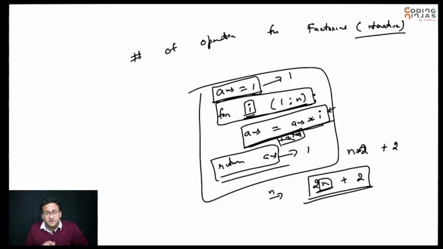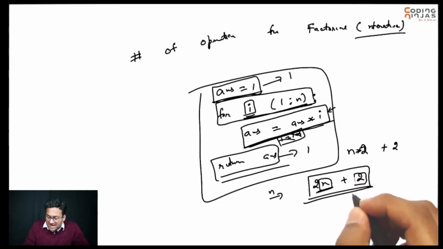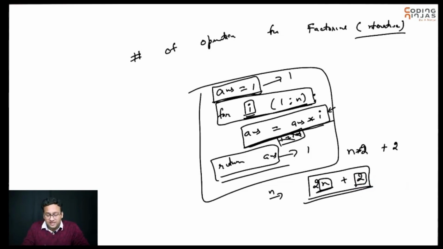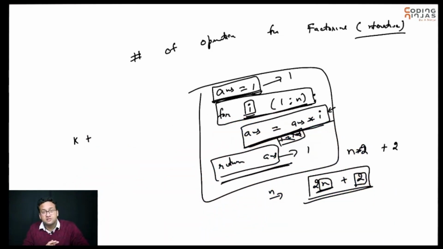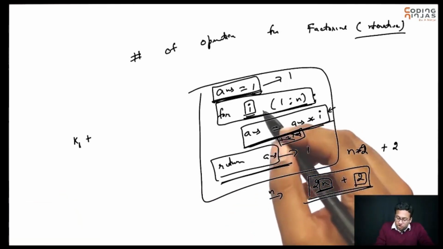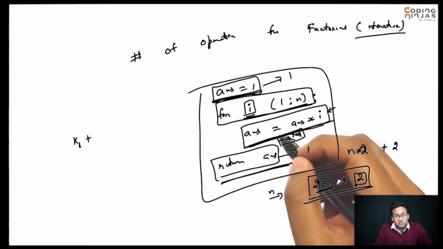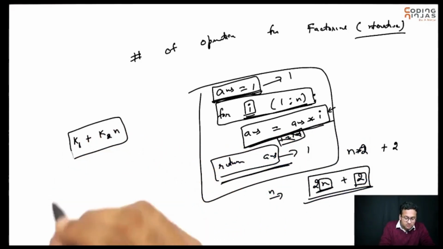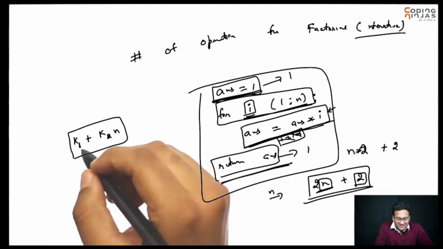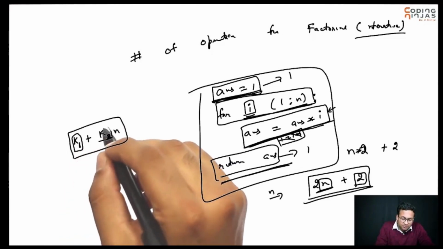Generally, what we will do, we will not worry about the exact count. What we will say, hey, there is some k work which is happening here and here. Instead of counting exact number of operations, 1, 2, 3, let's say some constant k1 operations. And then you are doing some work n times. How much work? Let's not worry about whether it is 2, 3, 4 work. Let's say some k2 work is repeated n times. The exact numbers are not going to be that important for us.